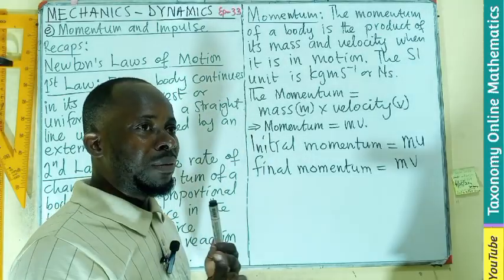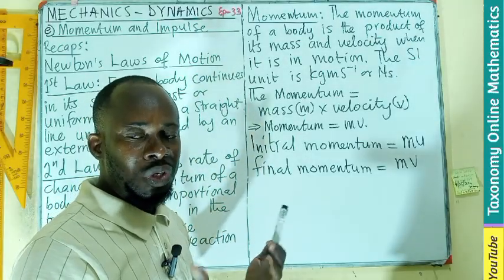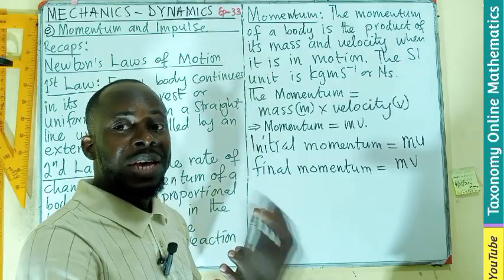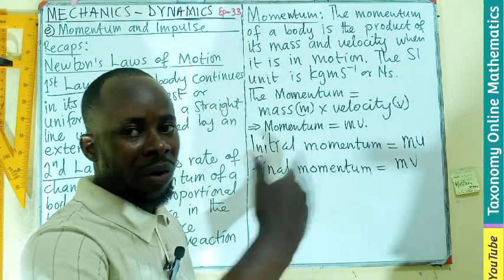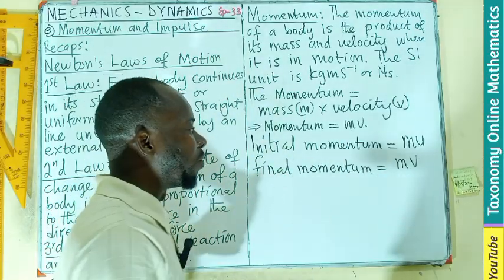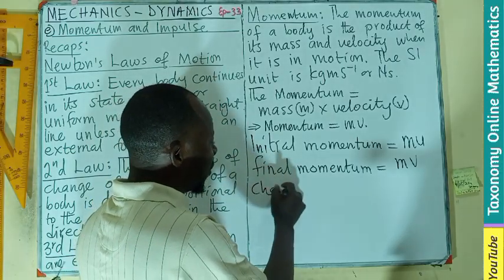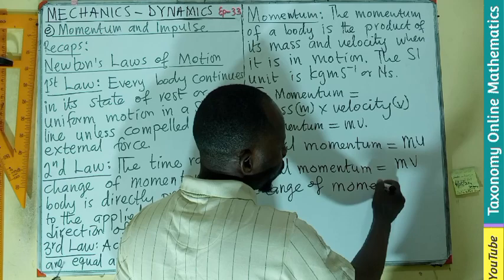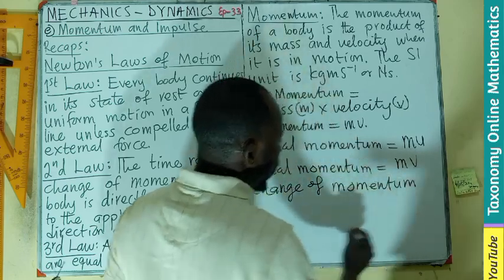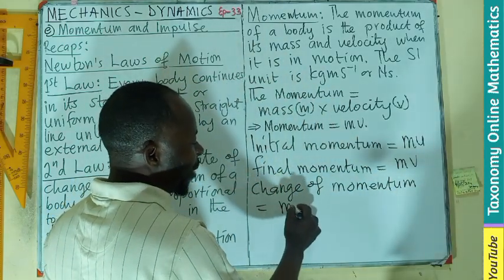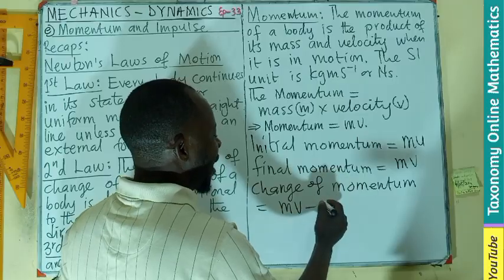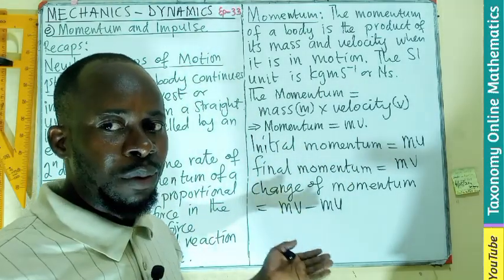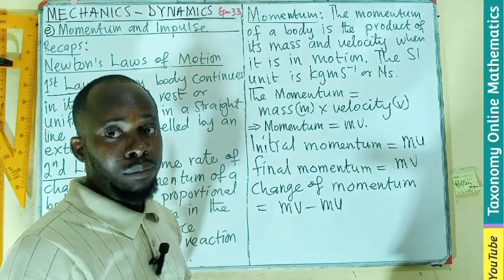Now, if the bodies are in motion, with time there will be a change of momentum along the way. So we can say the change of momentum will be equal to the final momentum minus the initial momentum.